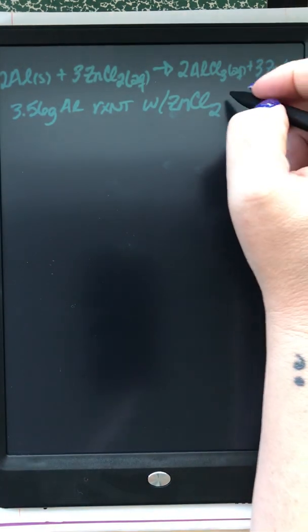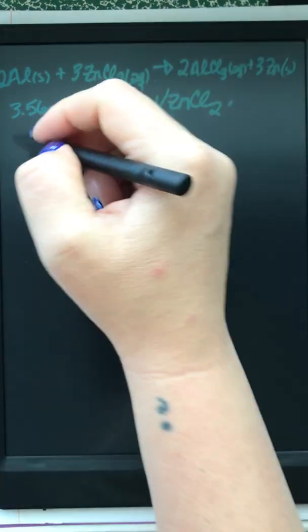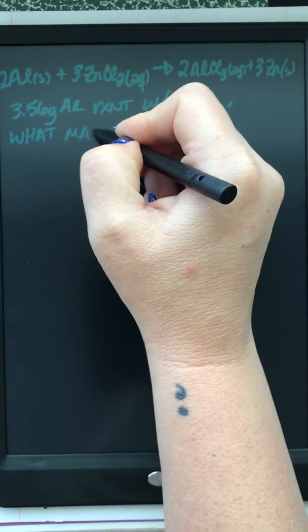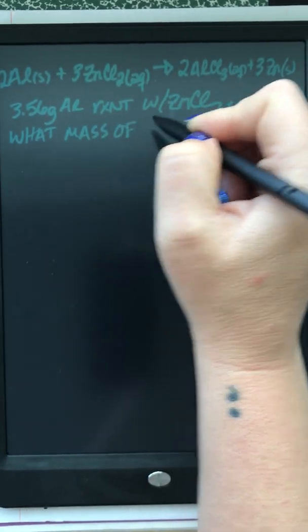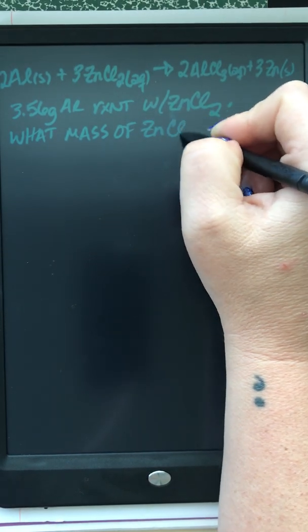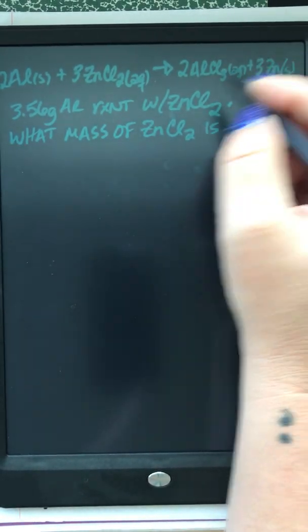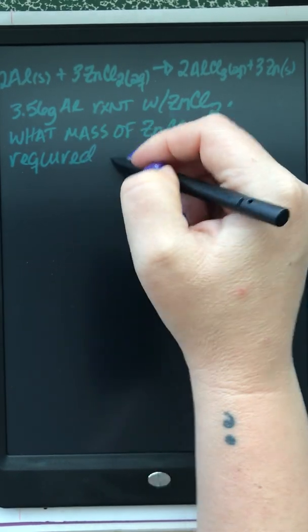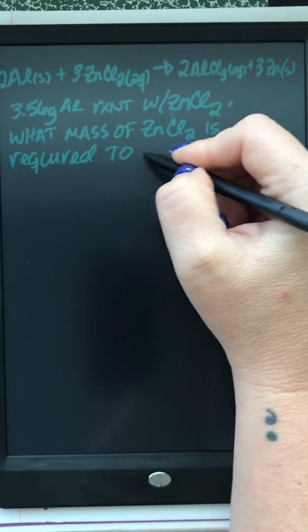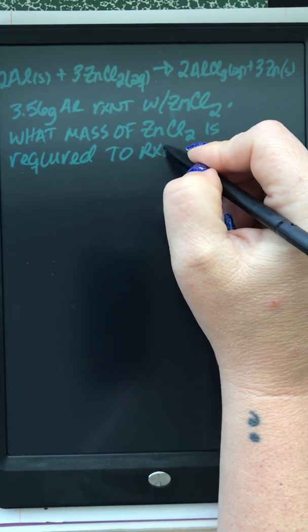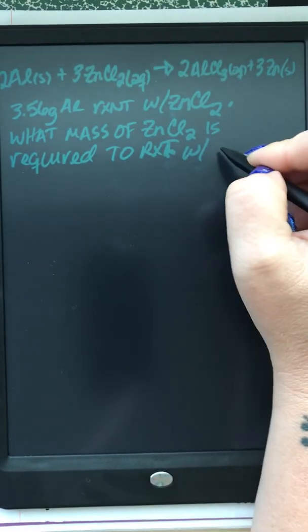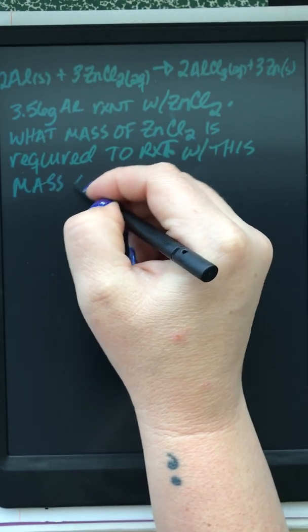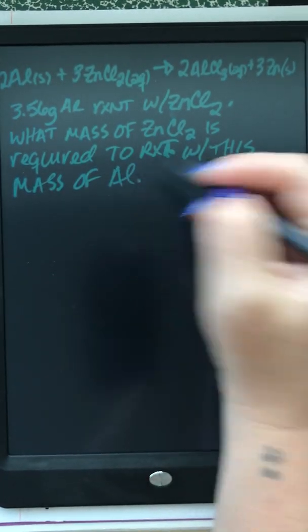And it's asking what mass of zinc chloride is required to react with this mass of aluminum. Okay?